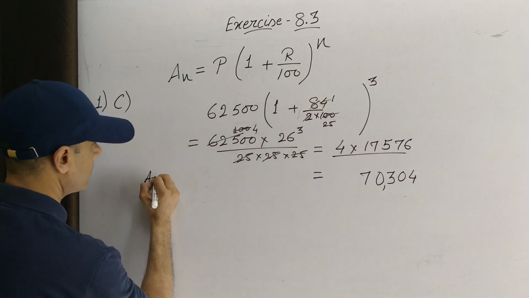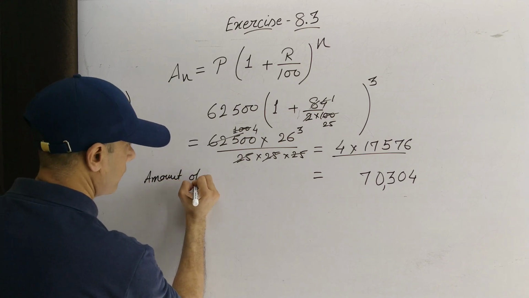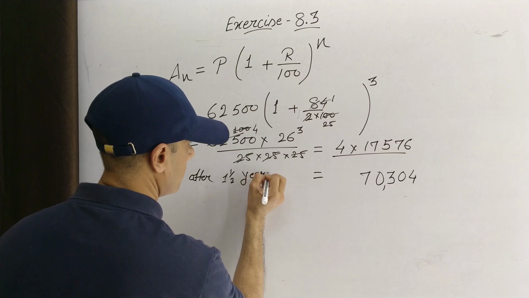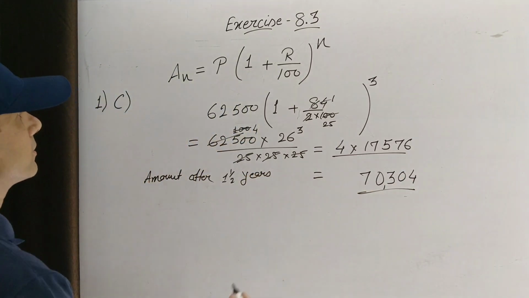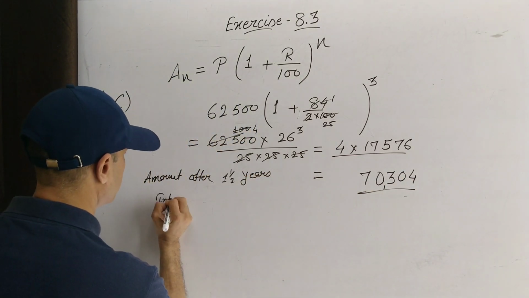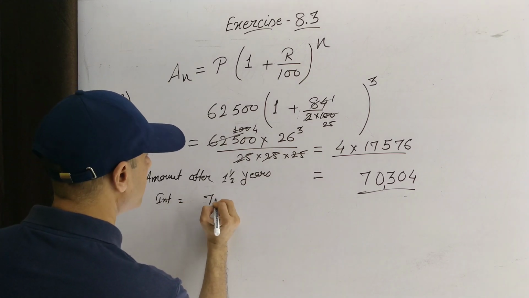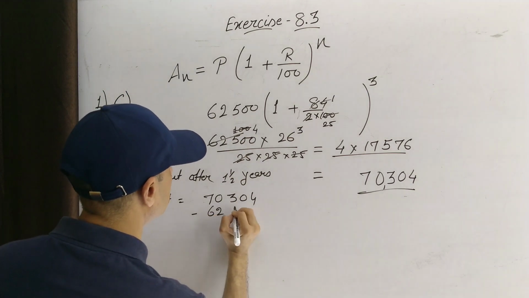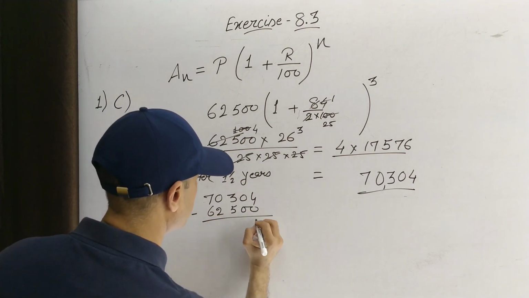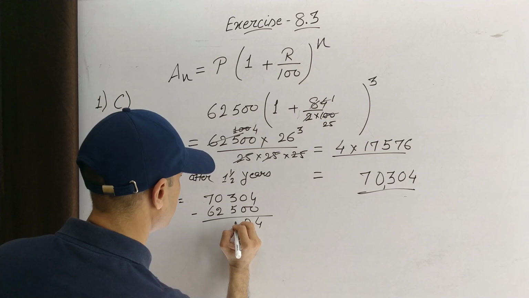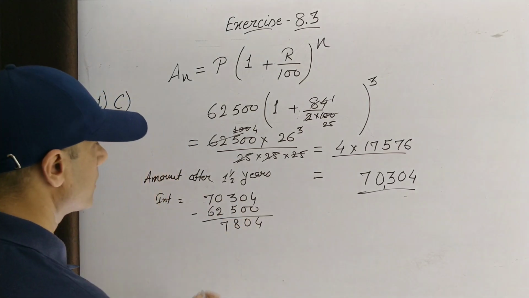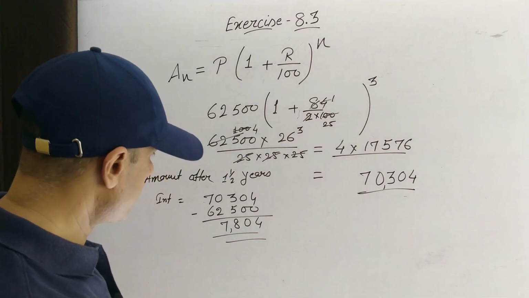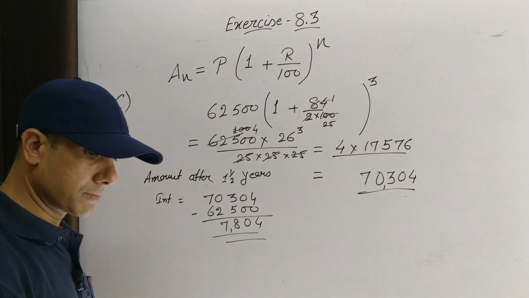So the amount after 1.5 years is equal to this much, and the interest will be 70,304 minus the principal amount. So this is the interest, 7,804 rupees. Clear?